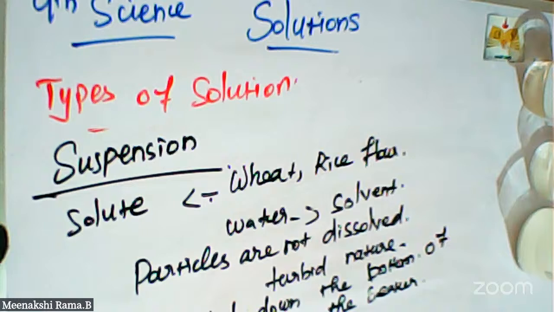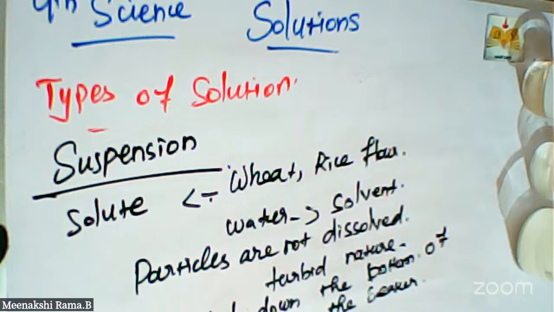Okay. So there are some more details about the colloidal solution. A colloidal solution is a heterogeneous mixture system consisting of a dispersed phase and a dispersion medium.